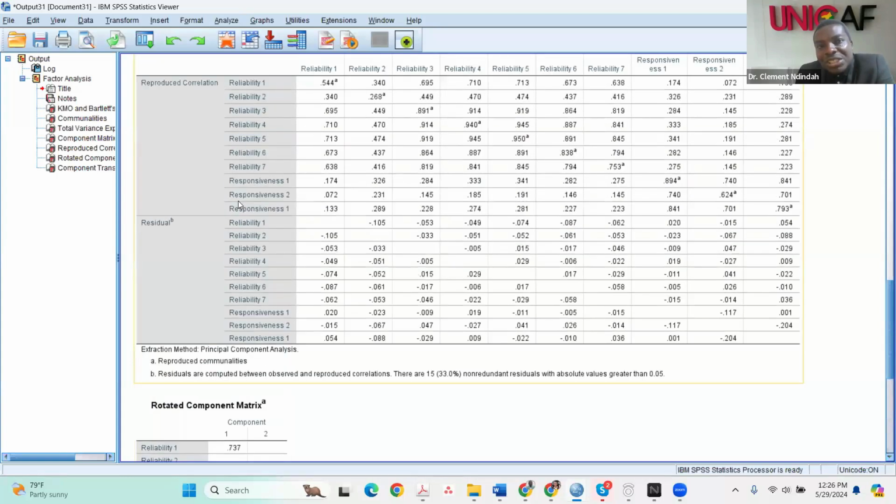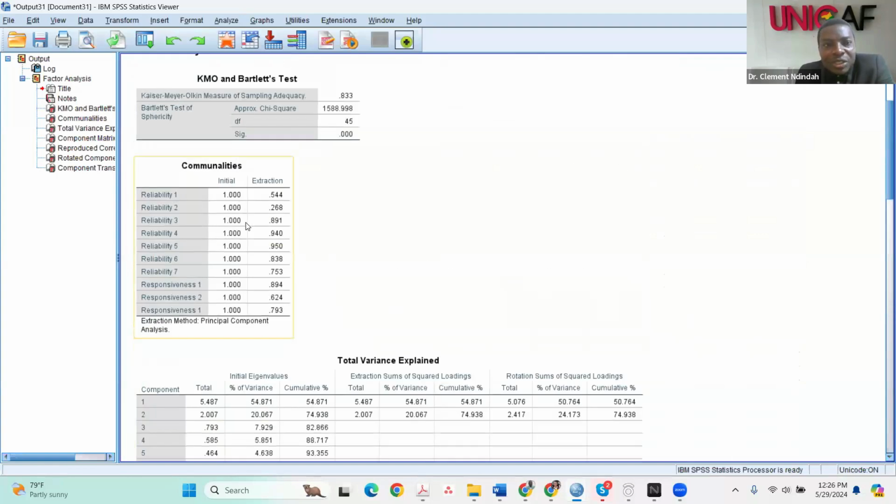If we come to the initial table and look at how these variables correlate with each other, we see a weak correlation here. A correlation of 0.26, or 26%, is a weak correlation. A strong correlation would be from 0.5, or 50%, upward.